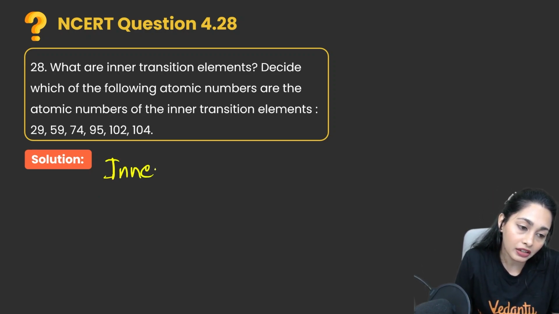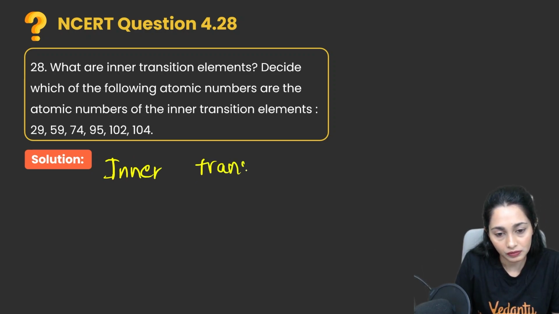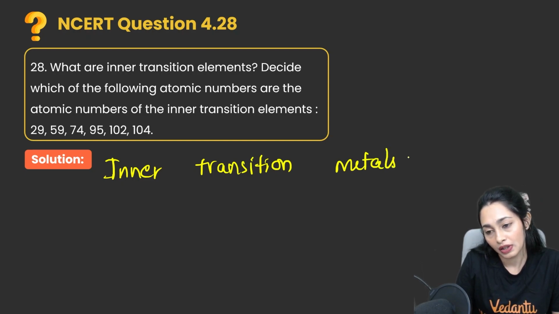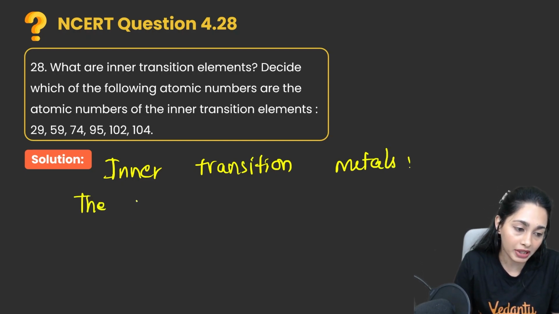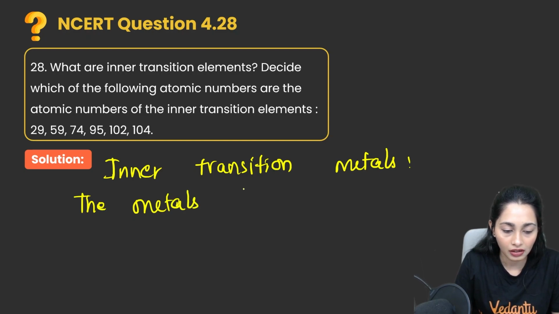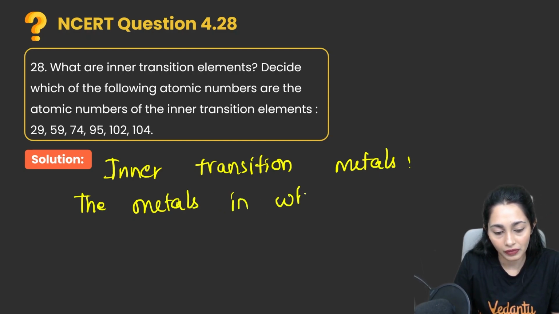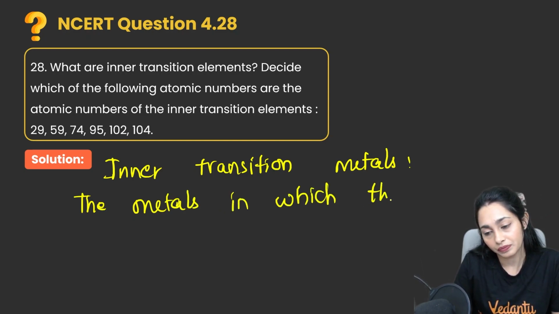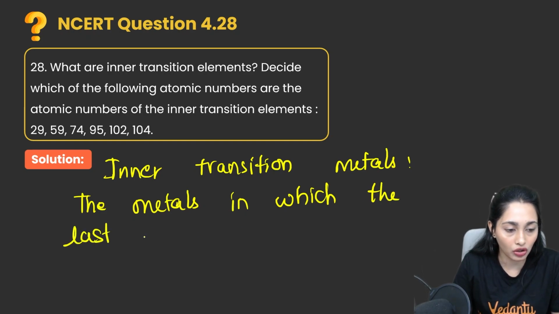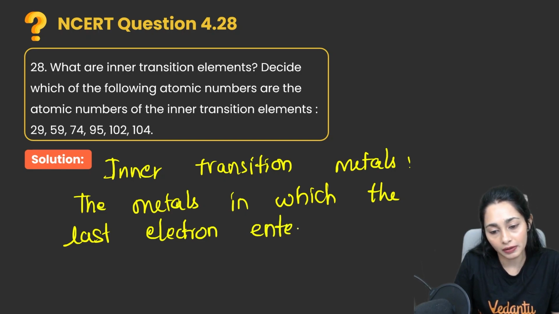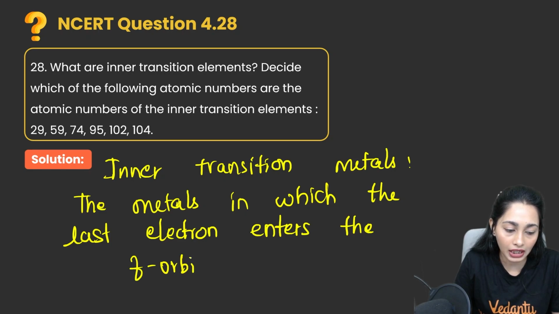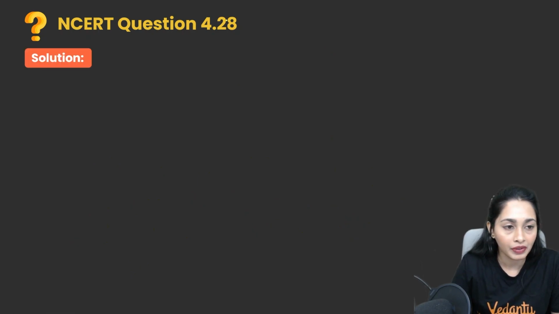Let's see. Inner transition metals. The metals or the elements in which the last electron enters the f orbital. These are inner transition metals.